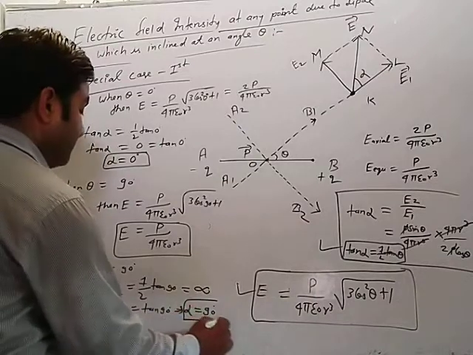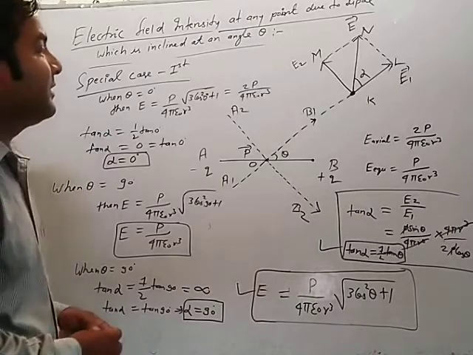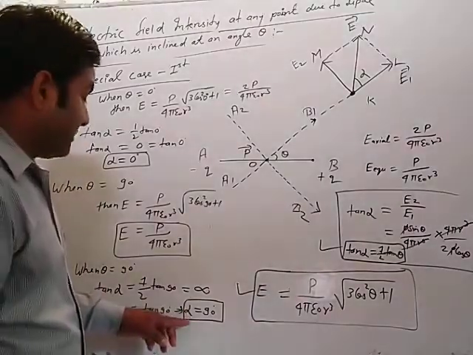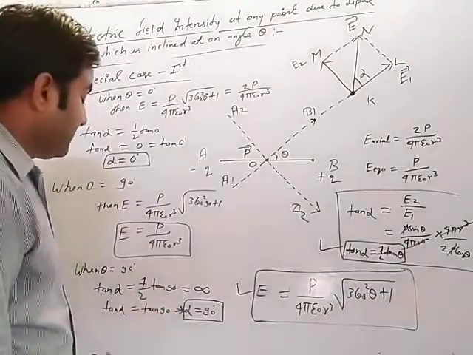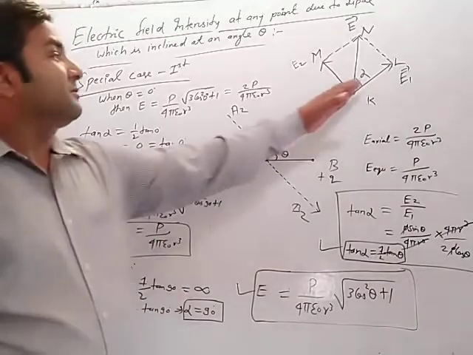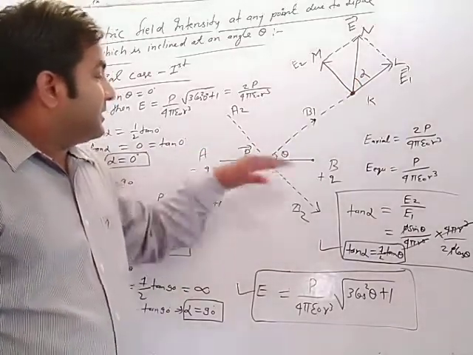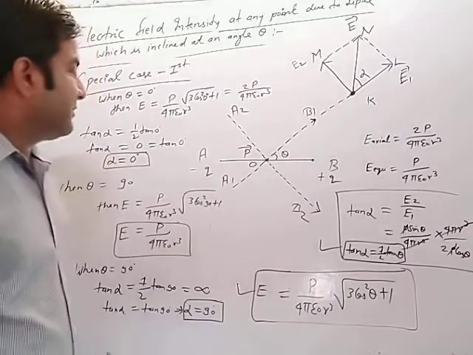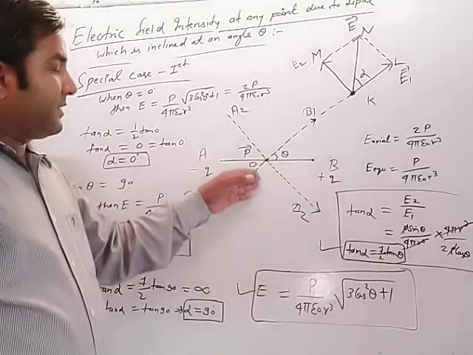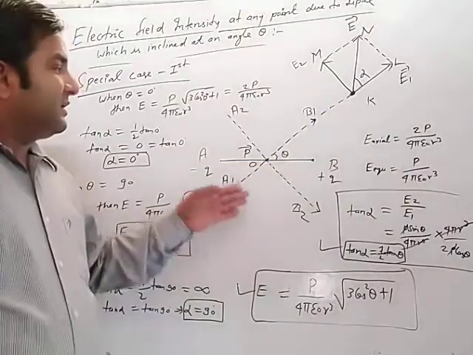It means the direction of the resultant intensity makes an angle of 90 degree with the direction along the dipole, that is from A to B. Here if theta is equal to 90 degree, then we are on the equatorial line, and the intensity direction will be just opposite.